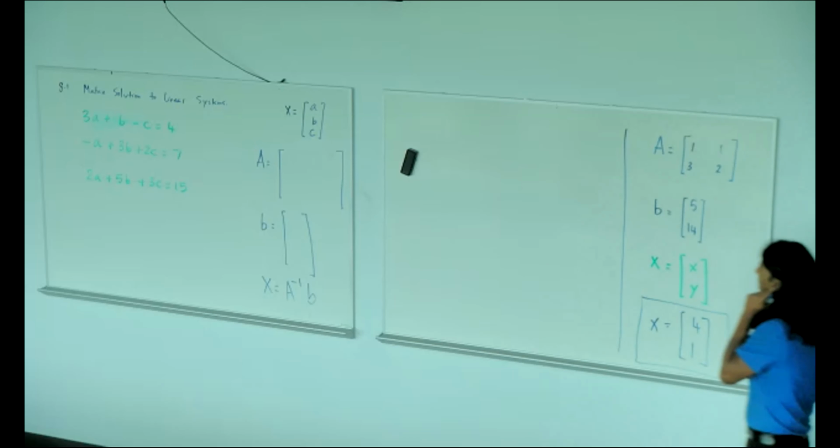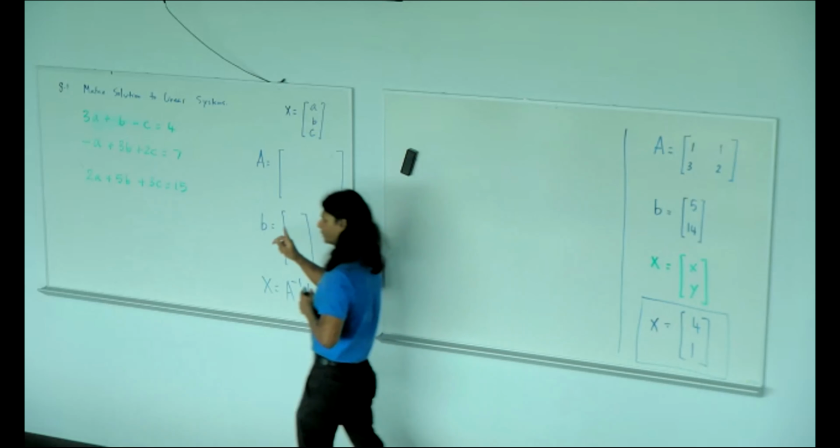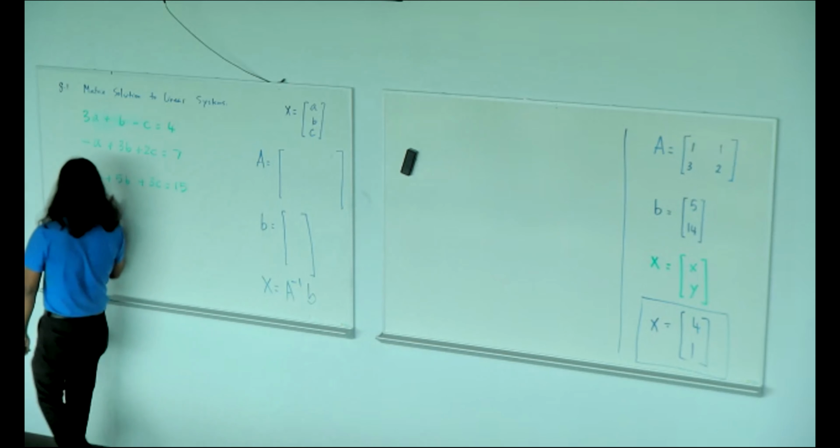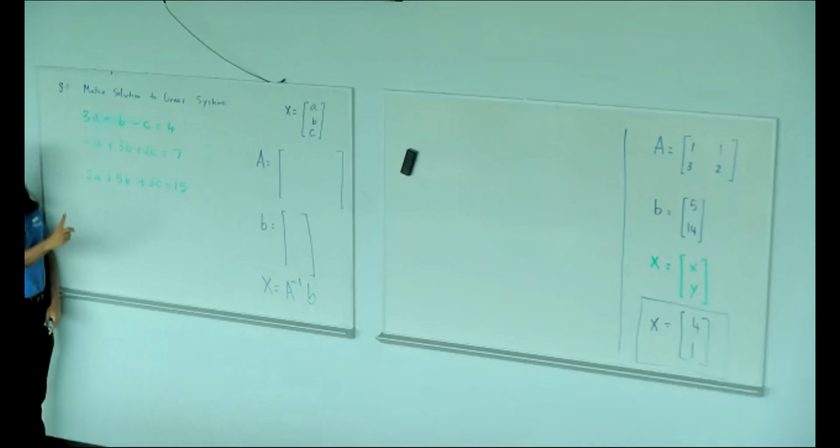First, we've got to construct the matrix A, then the matrix B. So, how do we form the matrix A?